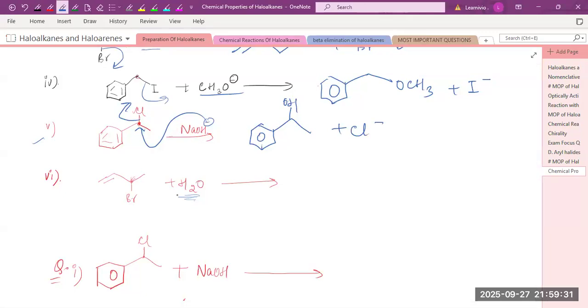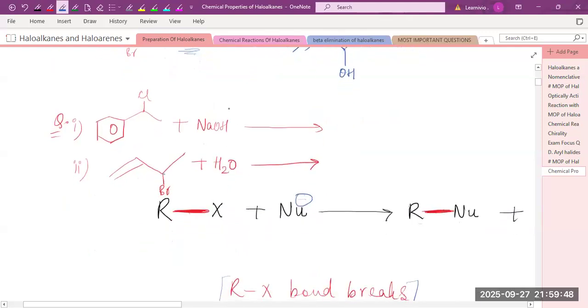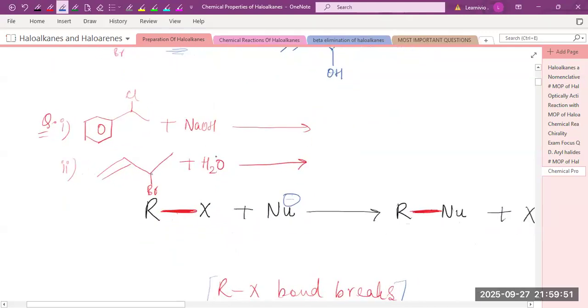OH minus. Yes, again, because this water will dissociate to form H plus and OH minus. So OH minus is the nucleophile. Hence, OH plus Cl minus. Similarly, you can do the same thing in these two questions.